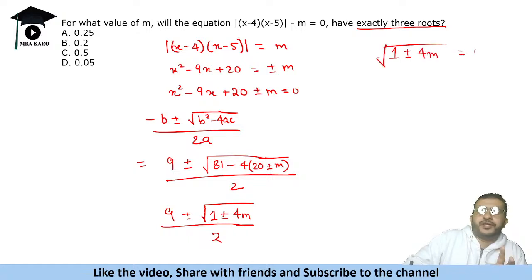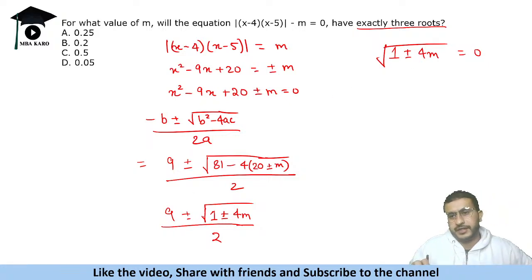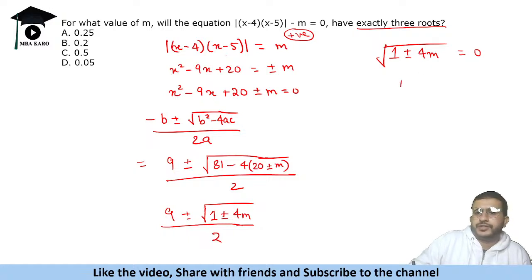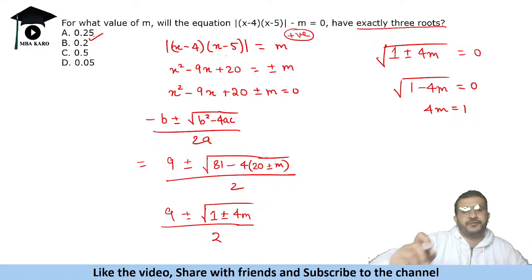If one of the values is 0, that means we will get only one root for that equation. Now this is modulus, so m should be a positive number. m cannot be negative, it can be positive or 0. So 1 minus 4m will be 0. This means 4m is equal to 1, or m is equal to 0.25.